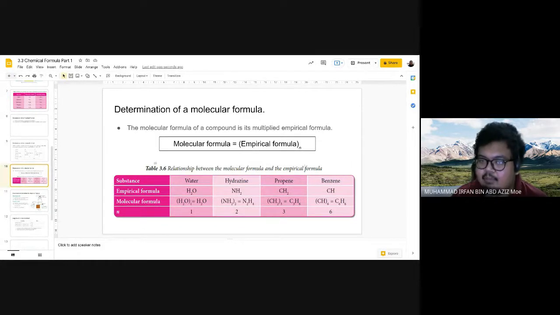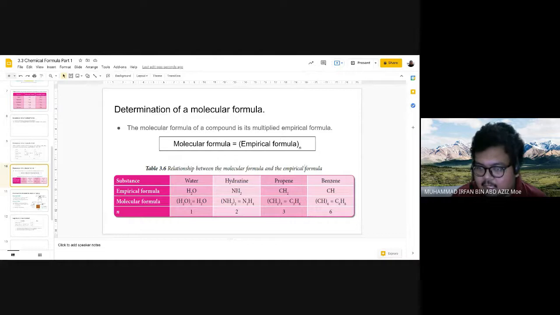For example, for water, the empirical formula is H2O, the simplest form. The molecular formula is H2O in brackets, all times by 1, and you get H2O.